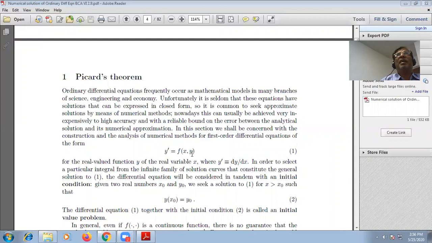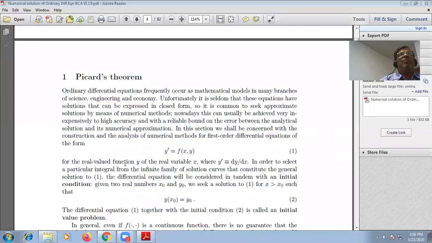Our story starts from here. What I just told you was the introduction, the sound from the back. That was not the actual music. The actual music of your song starts from here. To explain Picard's theorem, you need to take a function as first derivative y dash is equal to f(x, y). This is equation 1.